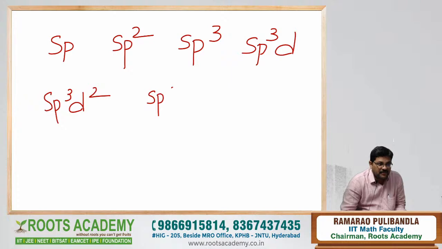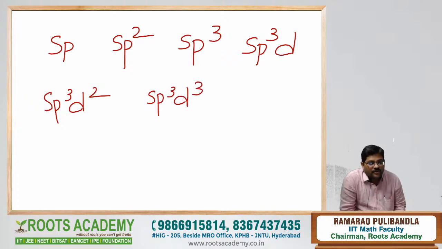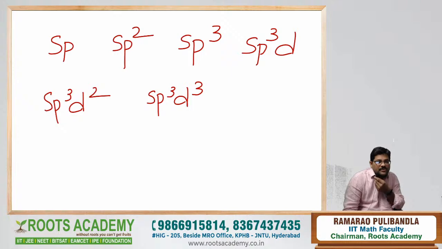If s, 3 p orbitals and 3 d orbitals are combined, you get sp3d3 hybridization. In this way, in the inorganic chemistry of molecules, you get different types of hybridizations: sp, sp2, sp3, sp3d, sp3d2, sp3d3.